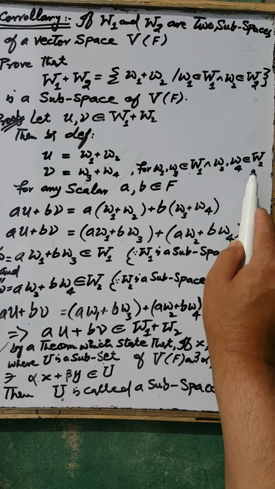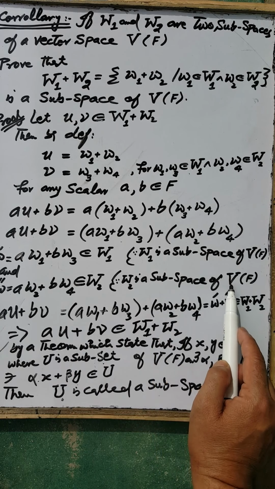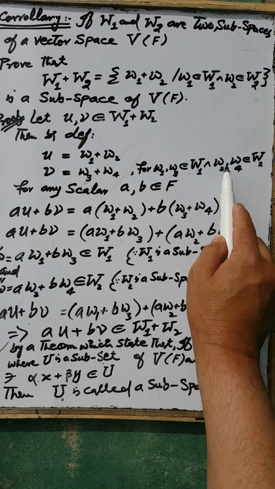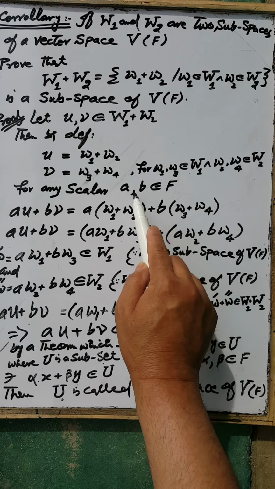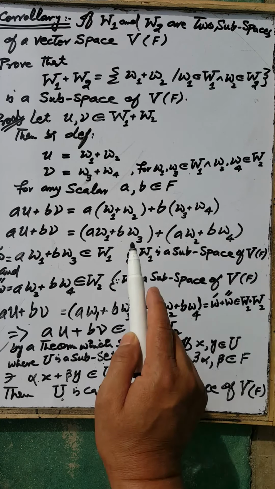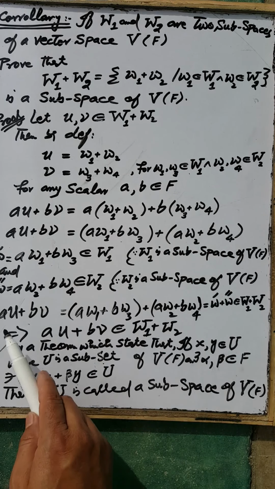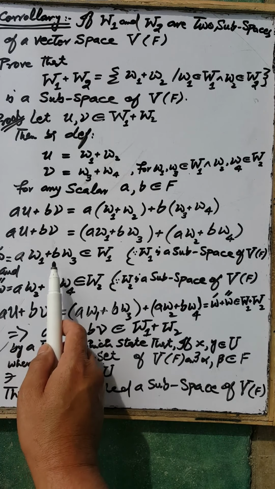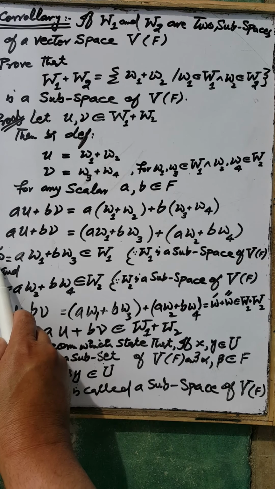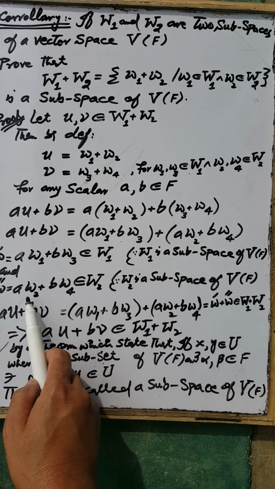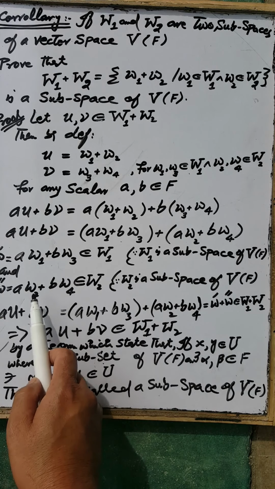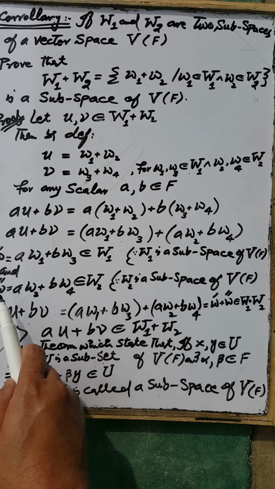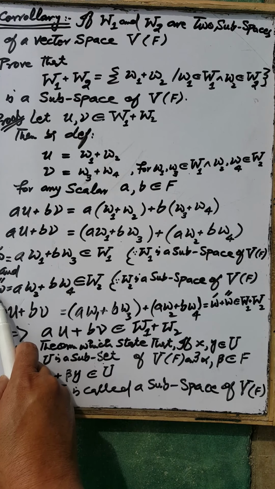W2 is also a subspace of the vector space V over the field F, therefore the sum of the product of the elements of W2 with the field elements again belongs to W2, as W2 is a subspace of the vector space V. Now, the sum of the product of the elements of W1, which is an element of W1, is denoted by w dash, and the sum of the product of the elements of W2 with the field, which is an element of W2, is denoted by w double dash.